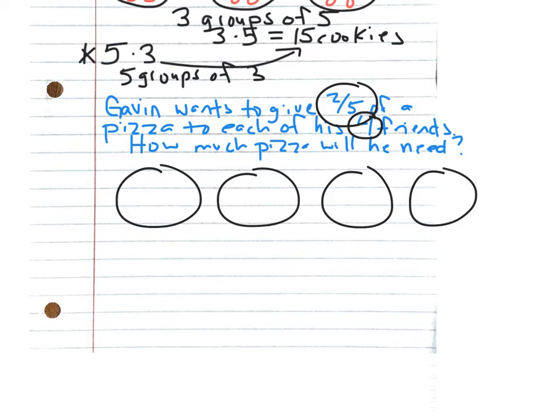And then looking at, in this case, 2/5 of a pizza, I'm actually going to take the friends and split them into fifths to represent the pizza that they are each getting. And each of them is going to get 2/5.